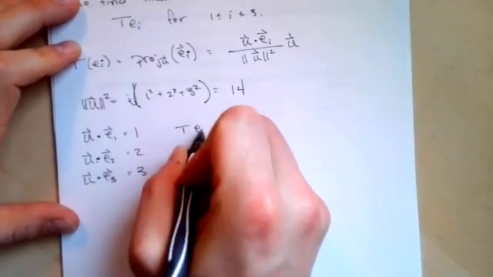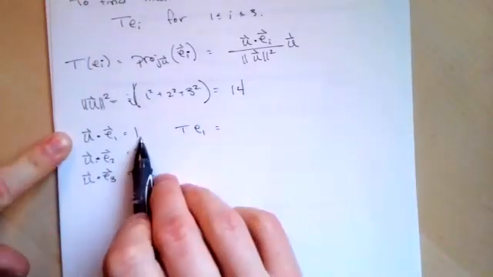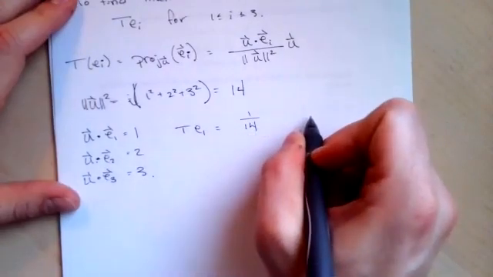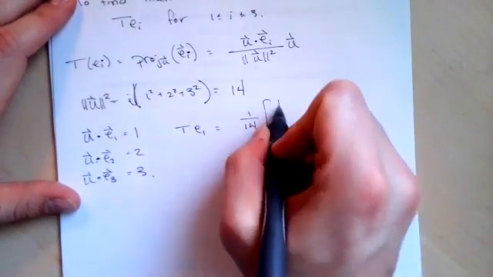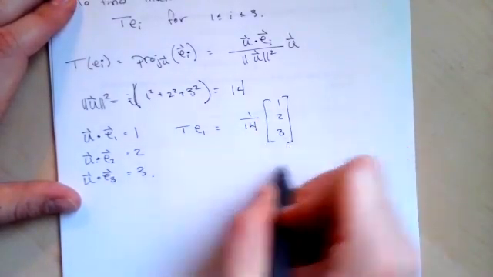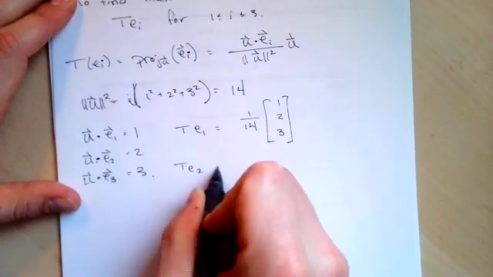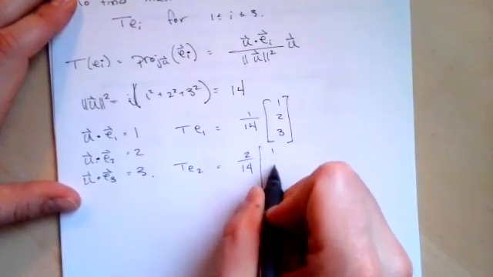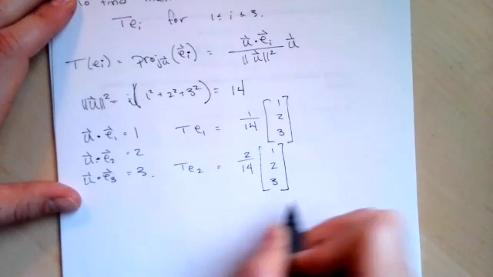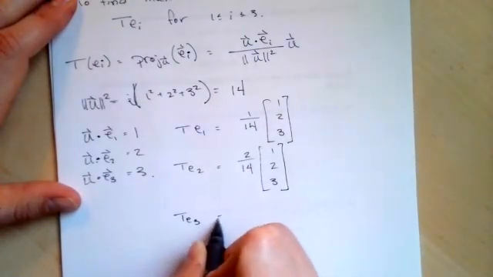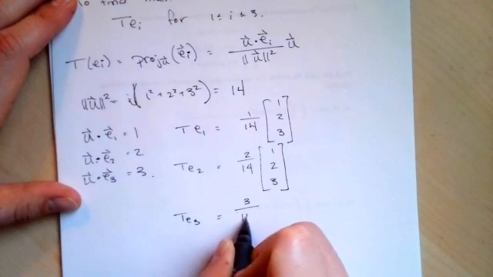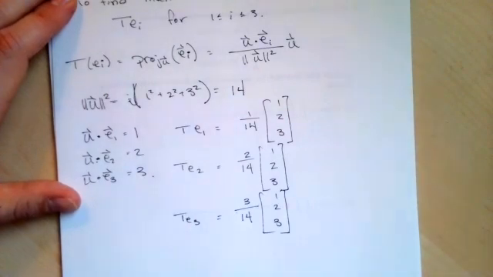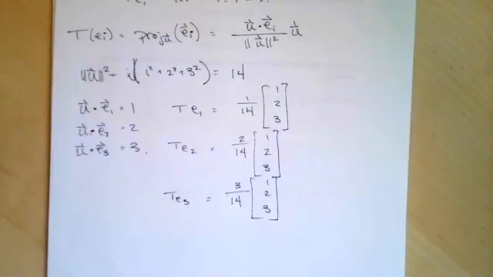Our T of E1 is going to be 1 over 14 in the direction of U. T of E2 is going to be 2 over 14 in the direction of U. And then T of E3, 3 over 14 times (1, 2, 3).